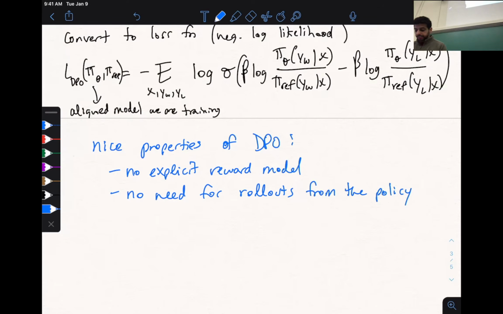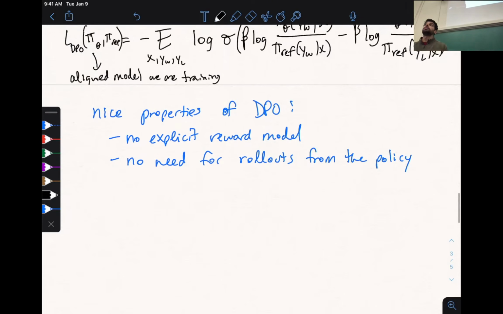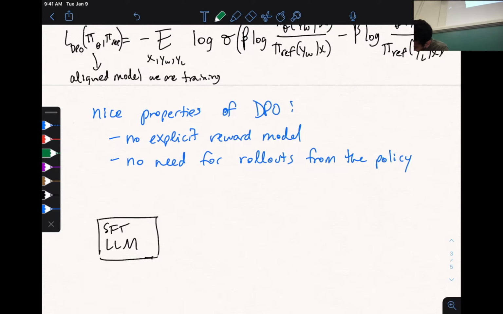Okay, yeah, sure. So the question is, what is the architecture and data flow? So remember, we had that same pipeline with RLHF where we had all the different boxes and connections. With DPO, it's much more straightforward. So I'm going to start with my SFT LLM. And from this, I have collected, let's say, my preference judgment data set, which has these basically triples of the input prompt, the winning preferred output, and the dispreferred output.